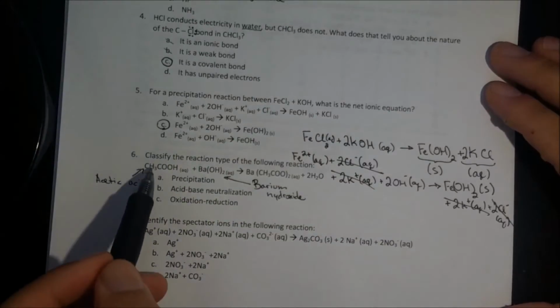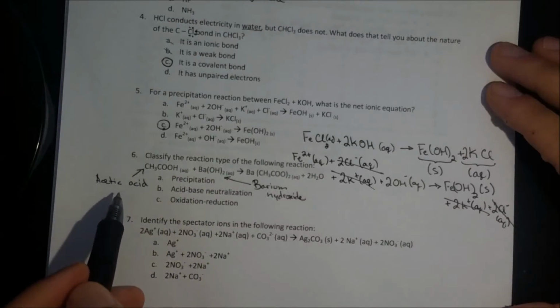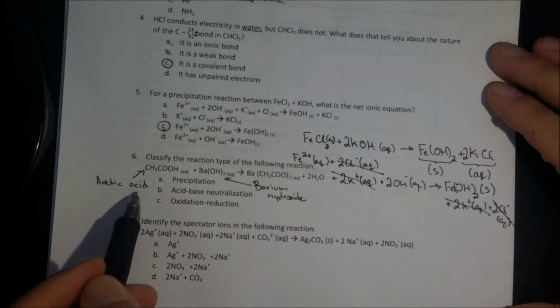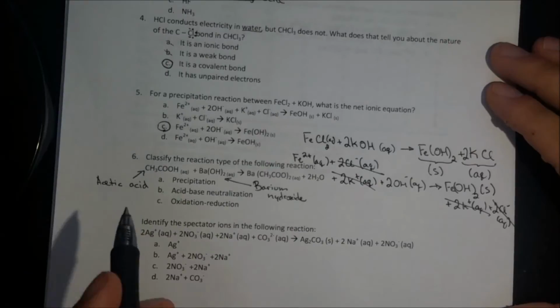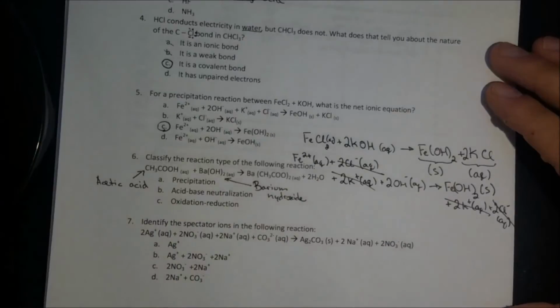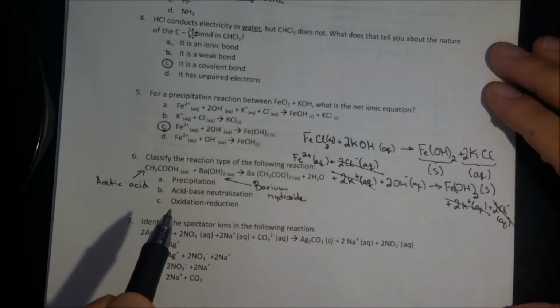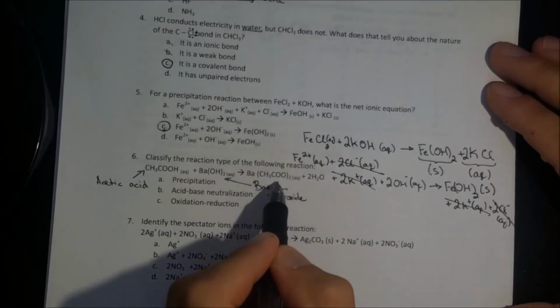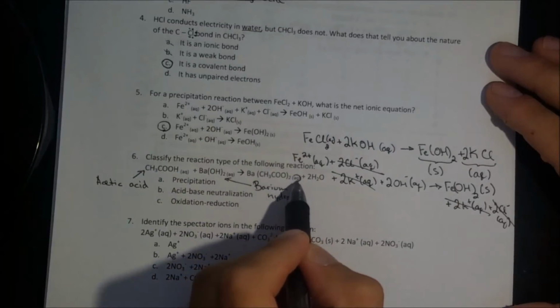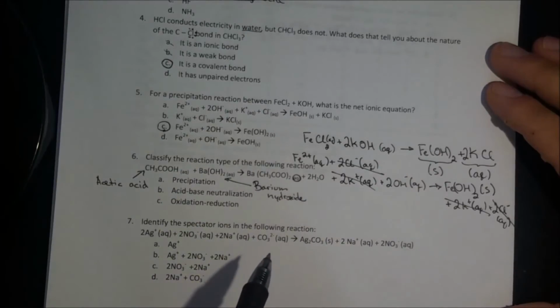So we've got acetic acid and barium hydroxide reacting together, and, well, by the name, acetic acid is an acid, and barium hydroxide, you know, is a strong base. So anytime you get an acid and a base combining, what you're going to get is some kind of a salt, so we see that here, and it is an aqueous salt, that's important, and we get water as a product in our reaction. So that indicates that it's an acid-base neutralization.